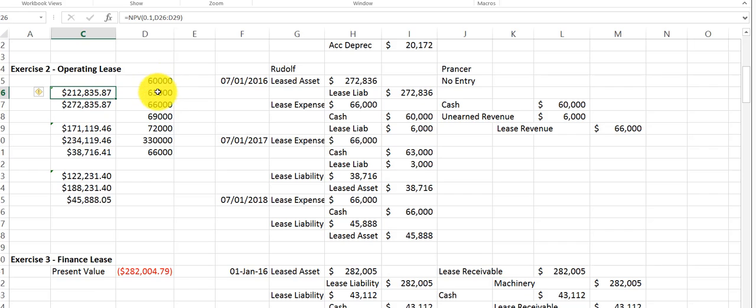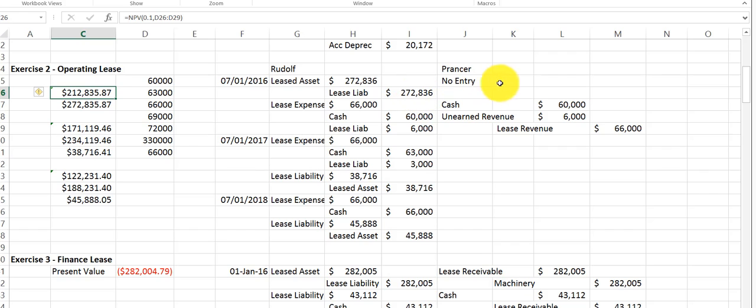Present value we used earlier is only for equal payments. These are different. So we take the net present value, as explained in an earlier podcast, of the remaining payments plus the 60,000, we get 272. That is a debit to the asset and credit to the liability.